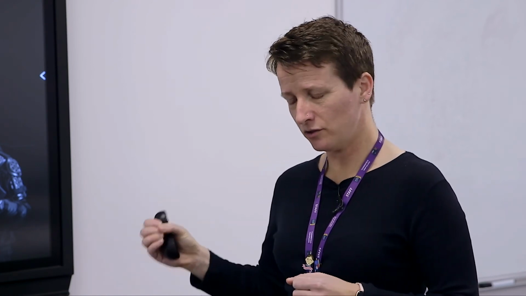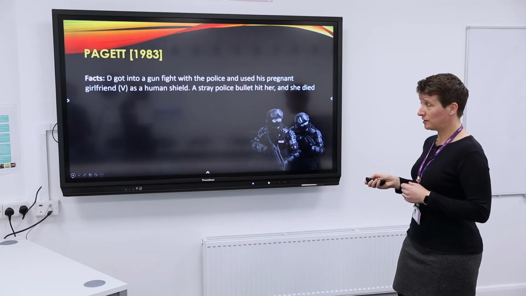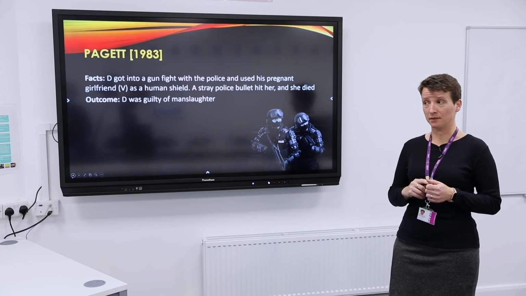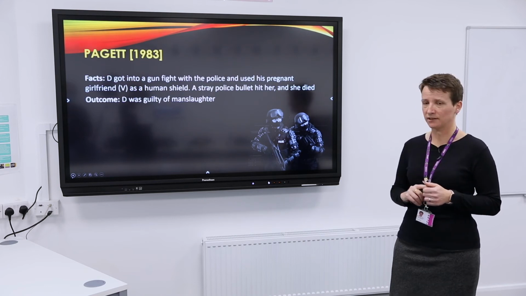The human being he grabbed just happened to be his 16-year-old pregnant girlfriend. So I'll let you make whatever judgment you want about Mr. Paget. A stray bullet, and that's all it takes, of course, just one stray bullet. The police officers couldn't stop firing in time, and one bullet hit the pregnant girlfriend, as a result of which she died. Mr. Paget is charged and found guilty of her manslaughter this time, not attempted, but actual manslaughter.